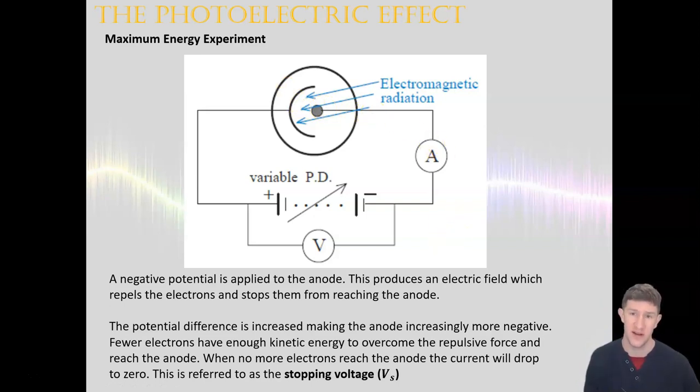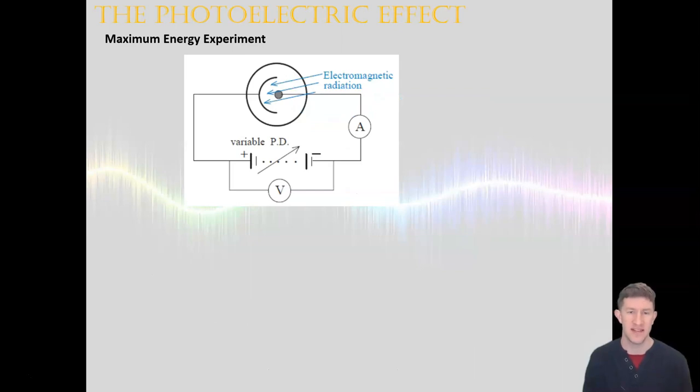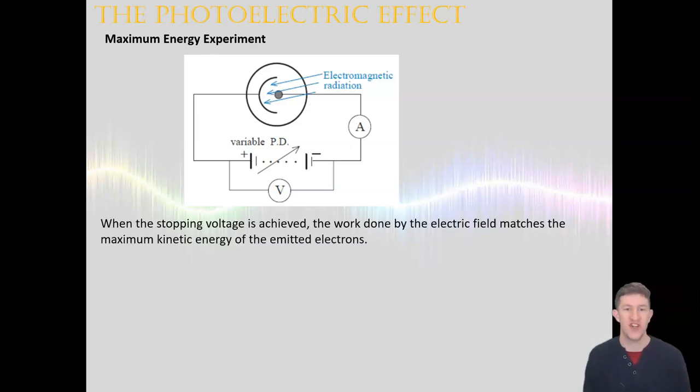Why is that useful though? That seems kind of pointless. However, if we do that, we can then use that to calculate what the actual energy of those electrons being ejected was by relating it to the potential difference or the electric field strength that we actually had to generate to overcome it. So when we achieve this stopping voltage, the work done by the electric field is equal to the maximum kinetic energy of the emitted electron, because they're cancelling each other out. They're equal and opposite, so no current flows.